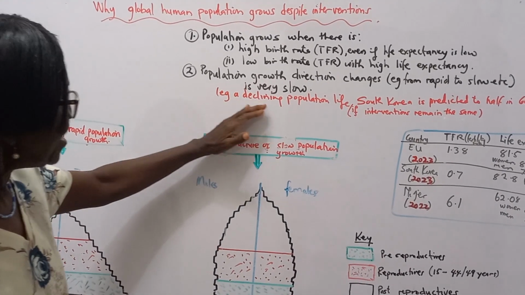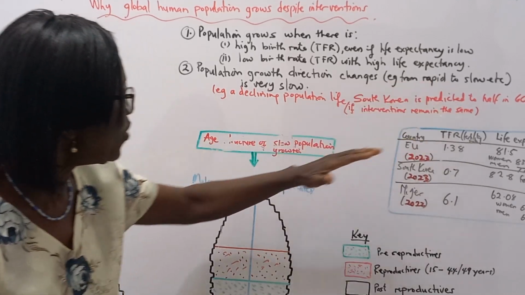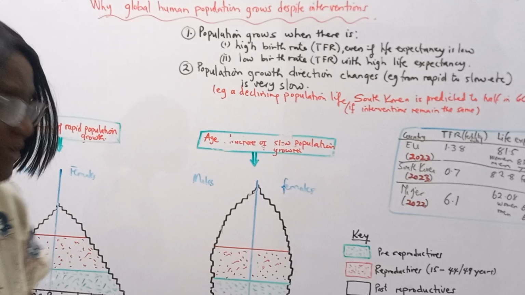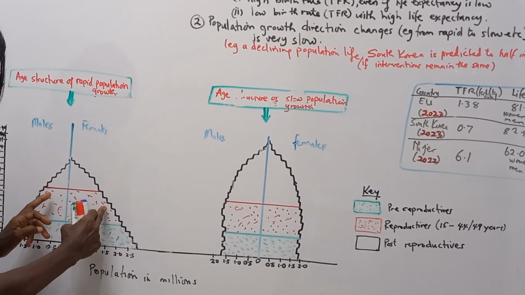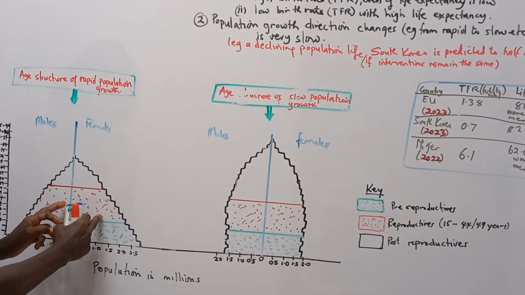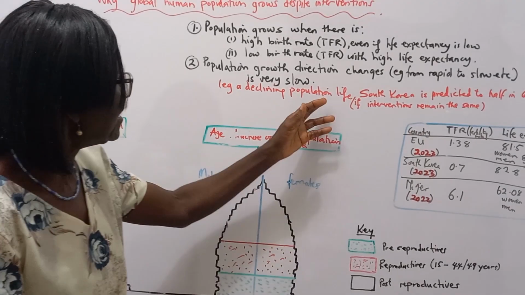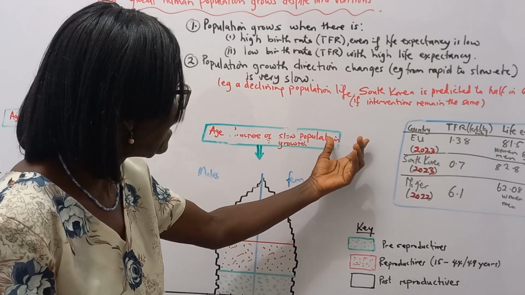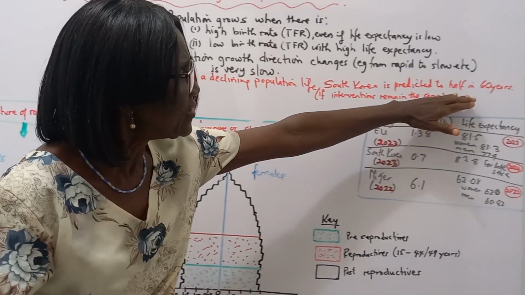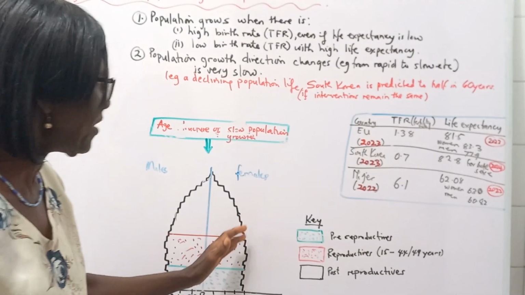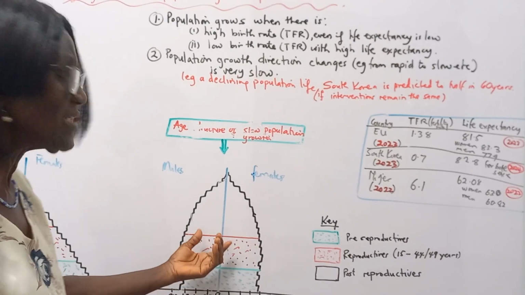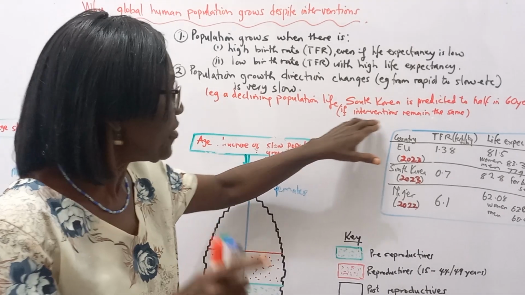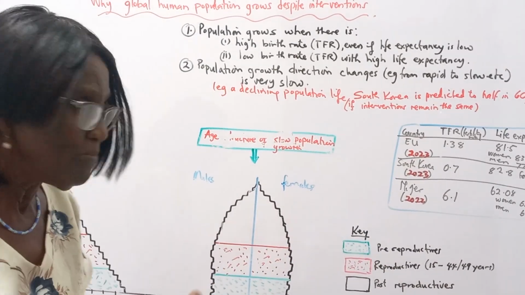So if a change from rapid to slow will occur, it's very slow, and it also needs interventions that will prevent reproductives from producing so many. Take the case of South Korea, where even though the population is declining, it's predicted it will take 60 years to halve the population because there are still reproductives, and it will become a reality if the interventions remain the same or are even made tougher.